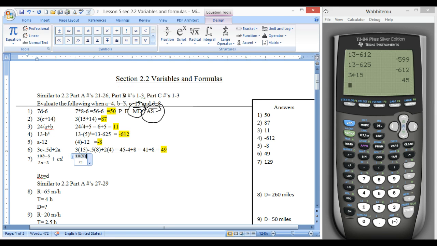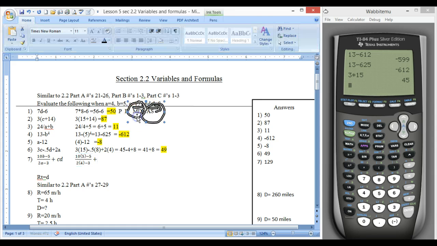I'm going to close the parenthesis, subtract 5 for the top. Then I'm going to arrow down, 2 and find a with parentheses. A is 4. And then subtract 3. I'm going to arrow over to get out of the fraction and add. C is 15. Oh, I should erase those. C is 15.